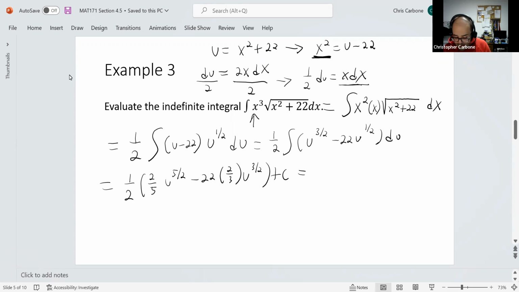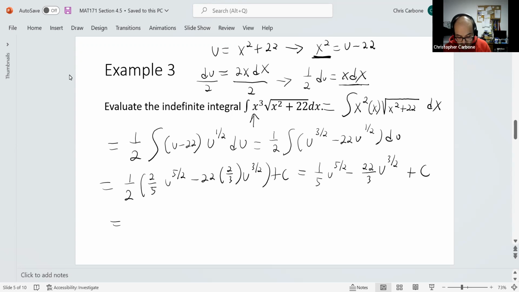This can be slightly simplified to be 1/5 times u to the 5/2 minus 22/3 times u to the 3/2 plus c.